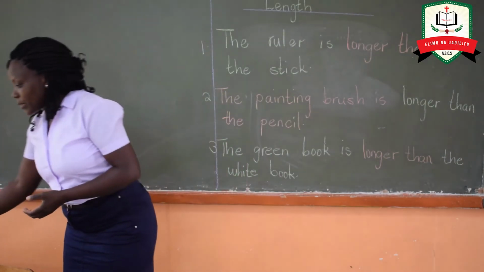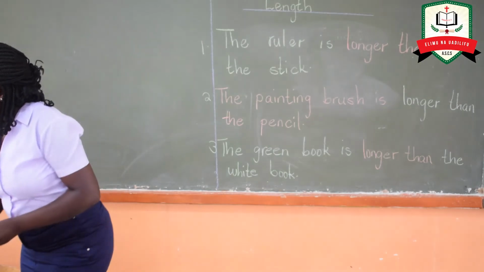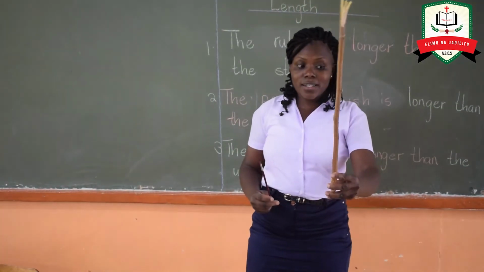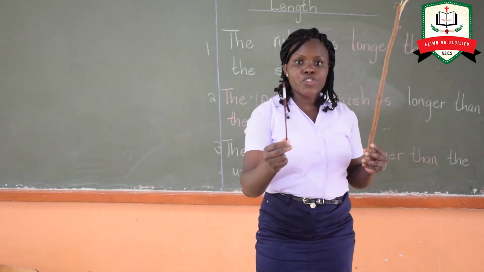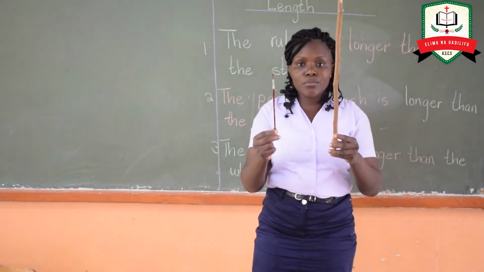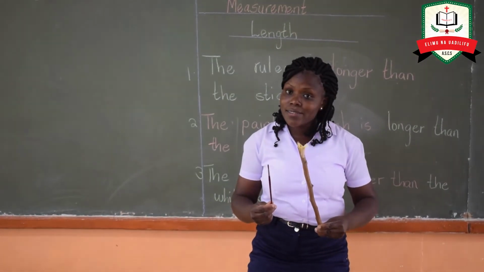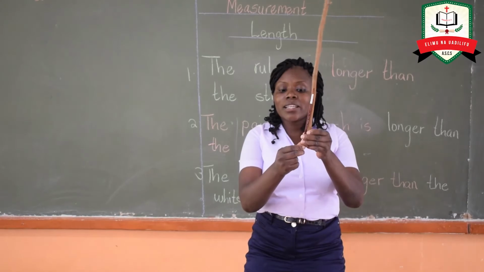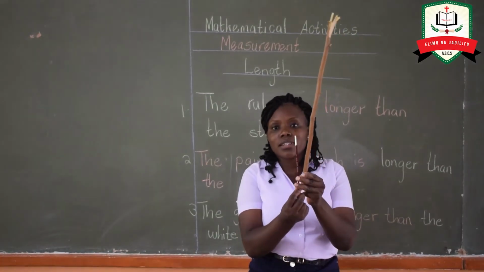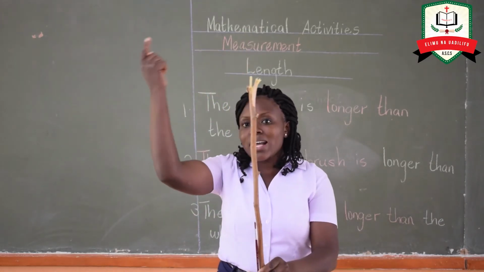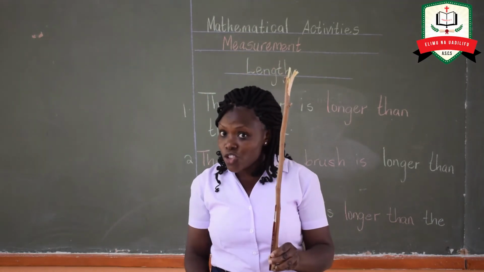I'm going to do the last one. I have a stick and a painting brush. We want to see which one is longer. We put the stick and the painting brush together. Are you seeing that the stick is much longer than the painting brush?